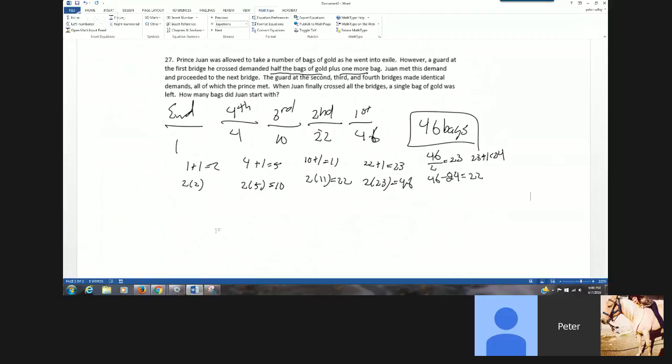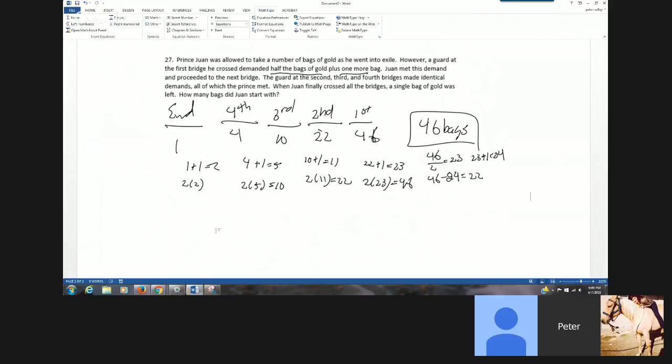So if he ends up with 1, then let's go to bridge 4. At bridge 4, whatever the guy asks for, he hands him half of what he has plus 1, and he's got 1 left in his hand. So you have to think to yourself, what did he have? What if he had 3?